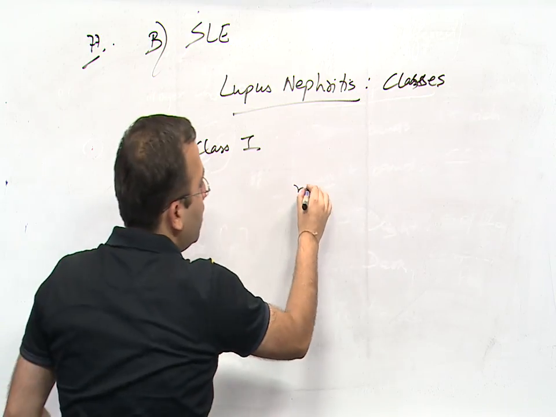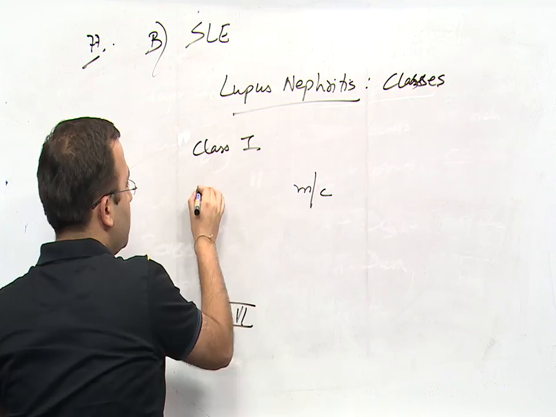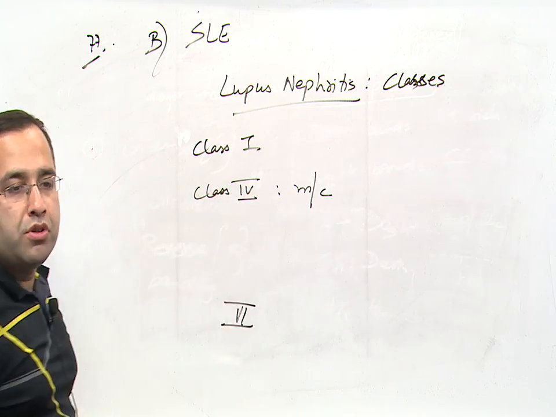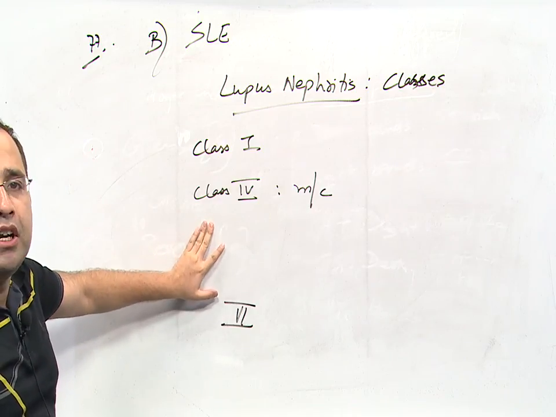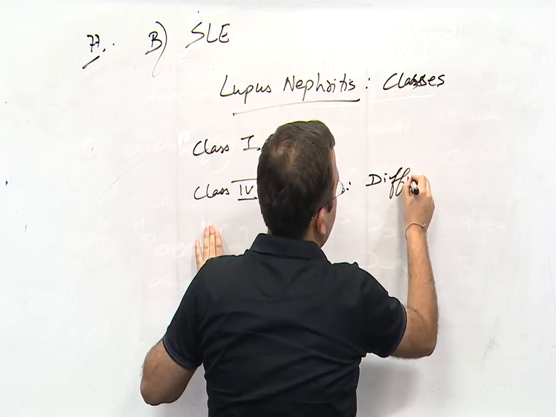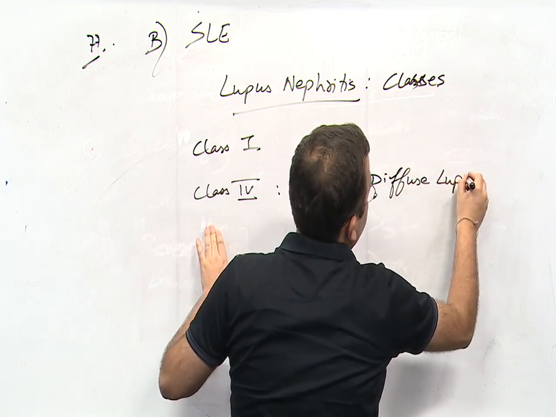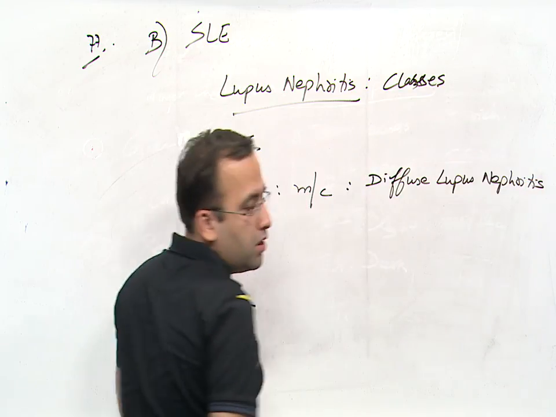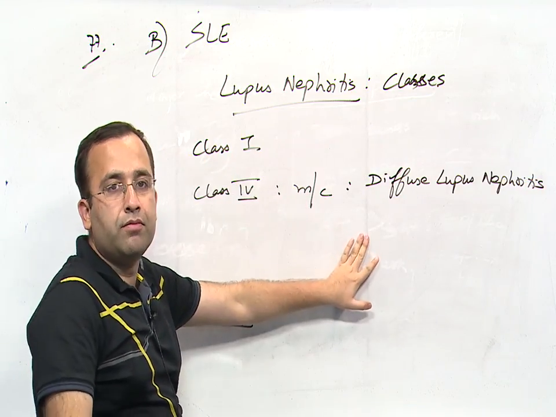The most common class of lupus nephritis is class 4, also called diffuse lupus nephritis.